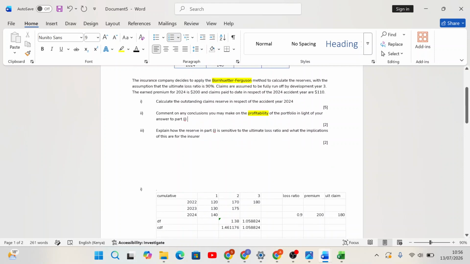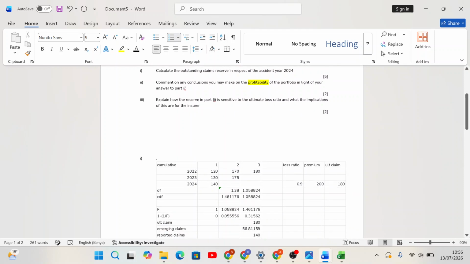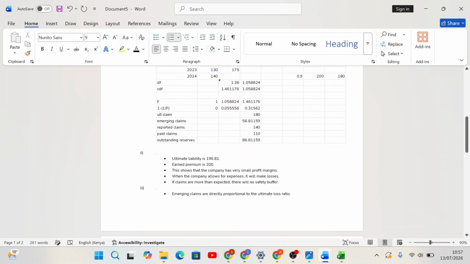So remember, we are looking at profitability, and we are comparing our premium and our ultimate liability. As we had calculated, our ultimate liability is 196.81 and our earned premium is 200. So this shows that the company has a very small profit margin, less than $4. When the company allows for expenses, it will certainly make losses.